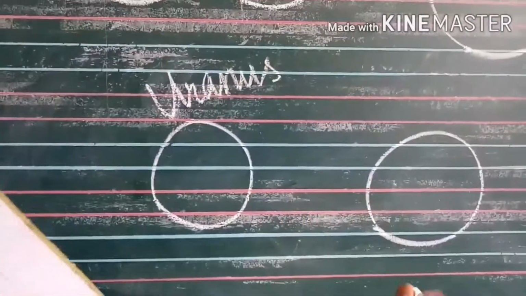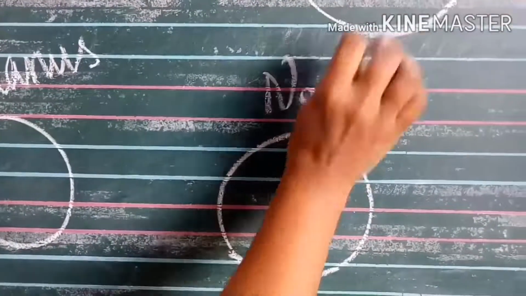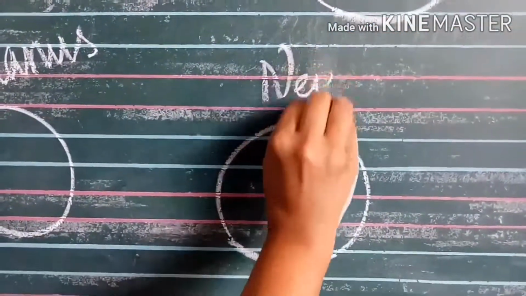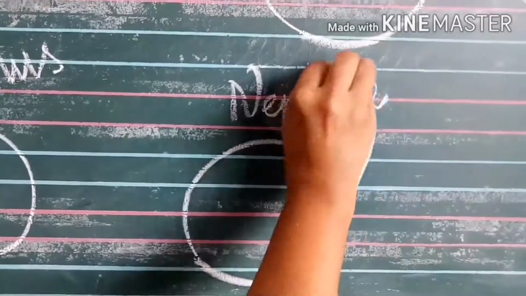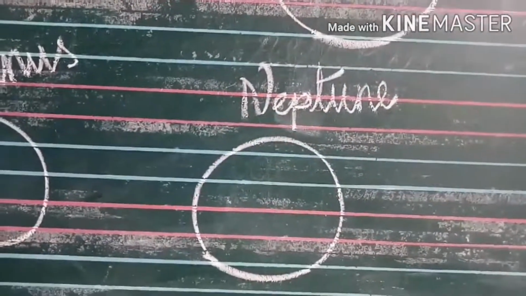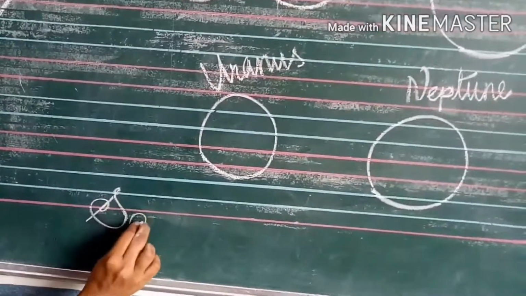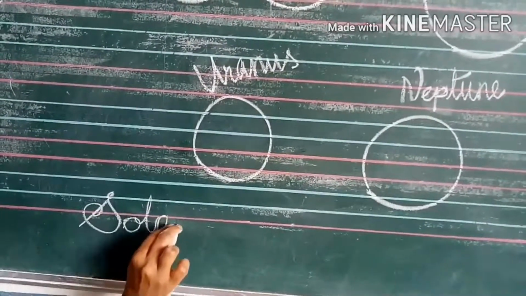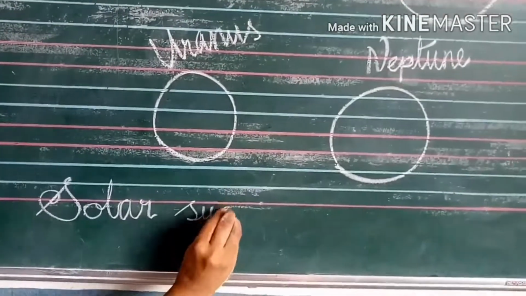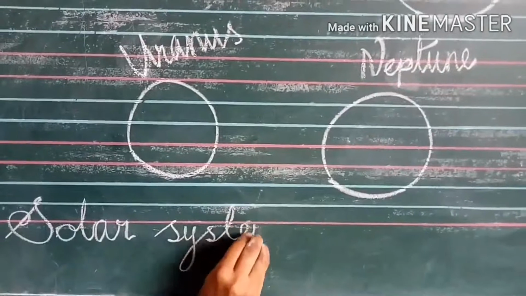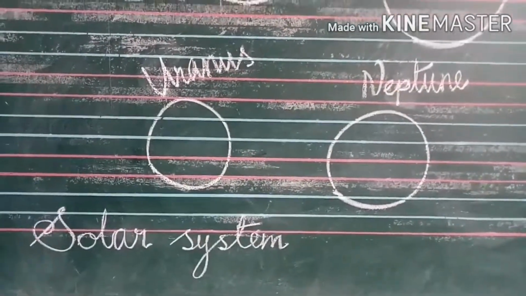And eighth planet is Neptune. Right, children? Yes. And here write S in capital, solar system. Right, children?